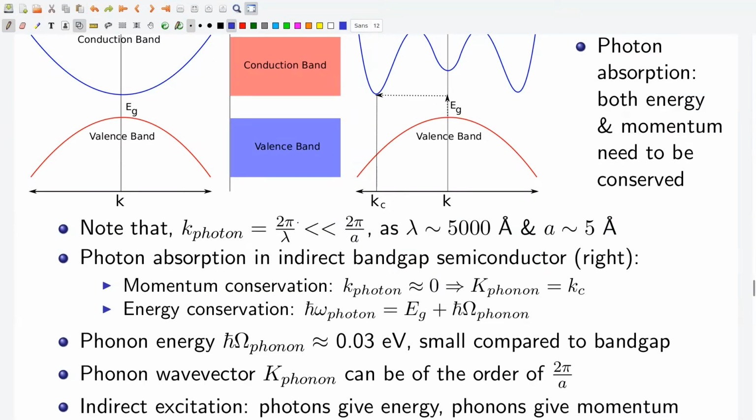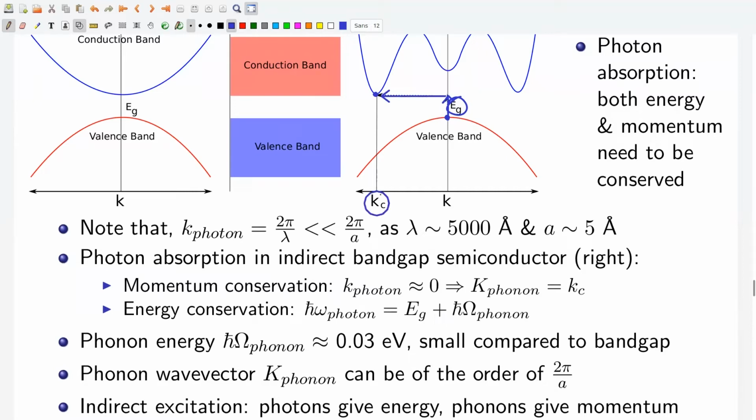In case of indirect bandgap semiconductor like silicon or germanium, an electron at this point in the valence band is getting excited to this point in the conduction band. The energy of the electron changes by Eg, and the momentum of the electron changes by Kc.